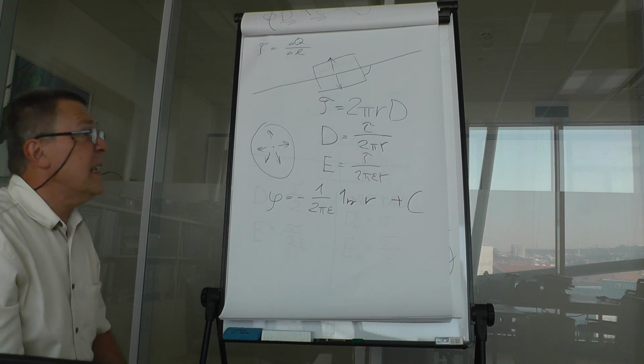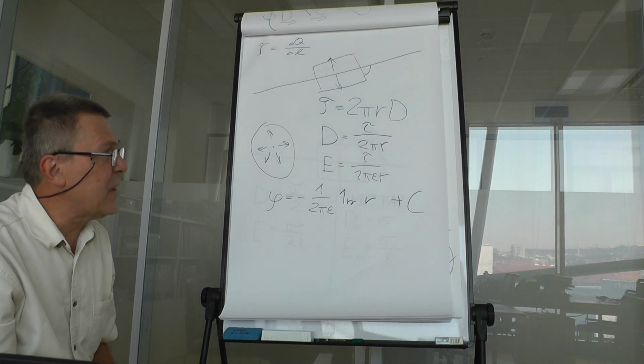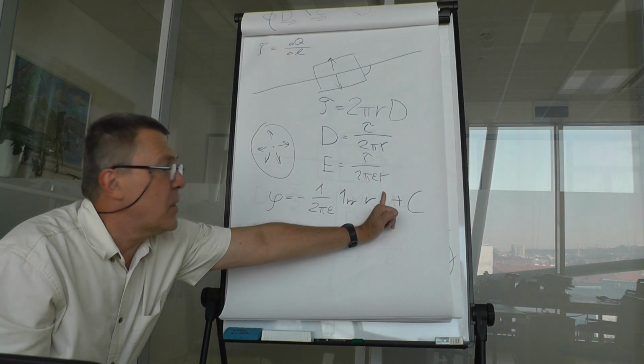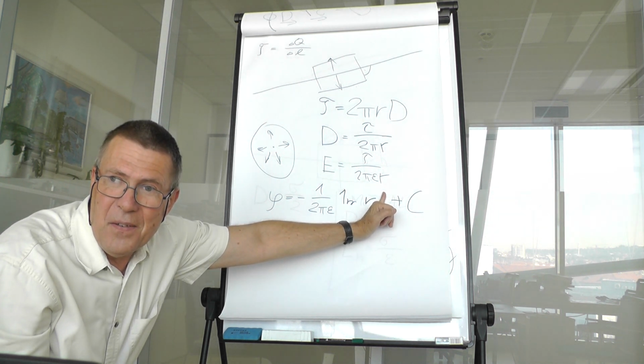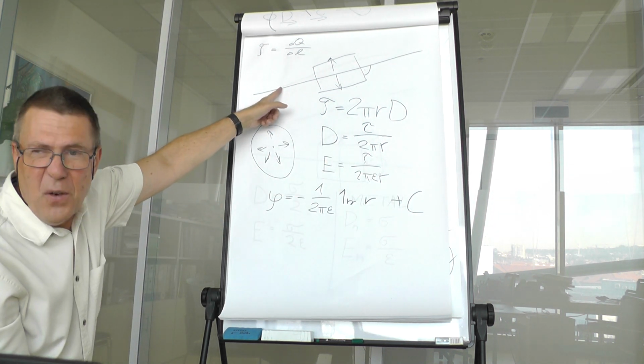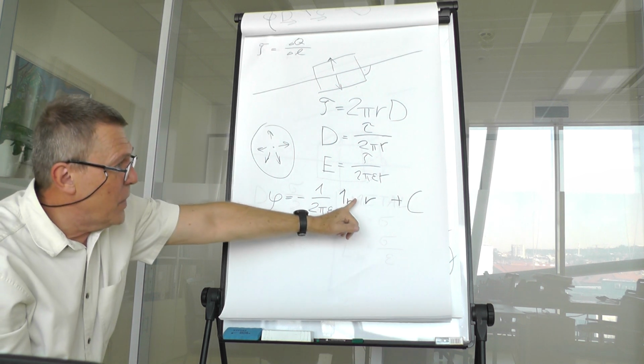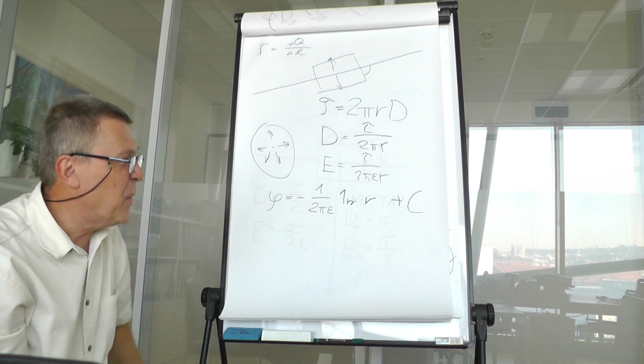First remark, the exact formula for integrating 1 over r gets here an absolute value, but we cannot have negative distance from the center of the wire, so we can live without the absolute value here.